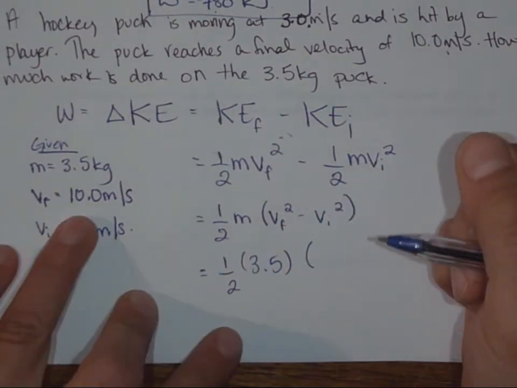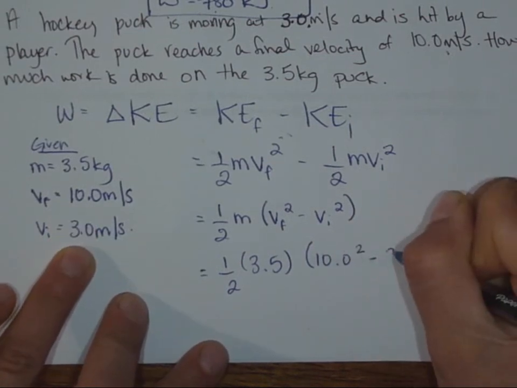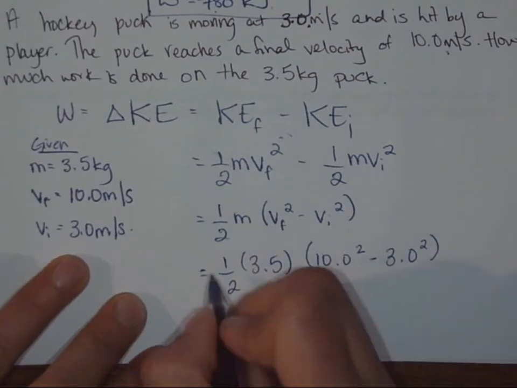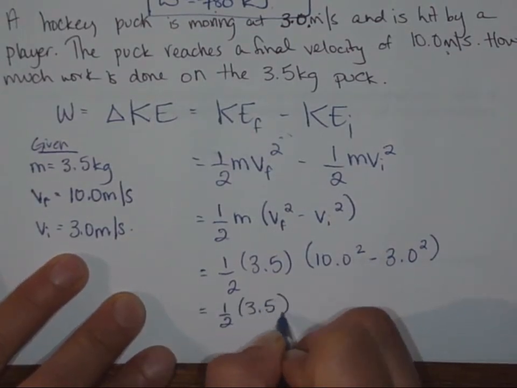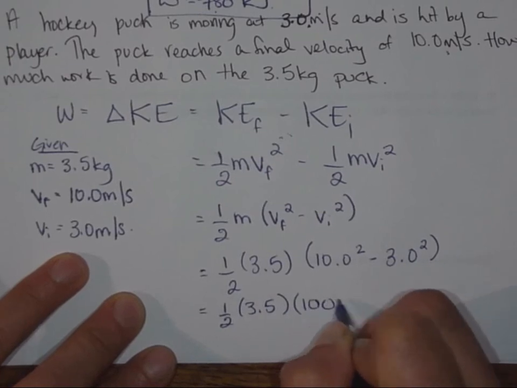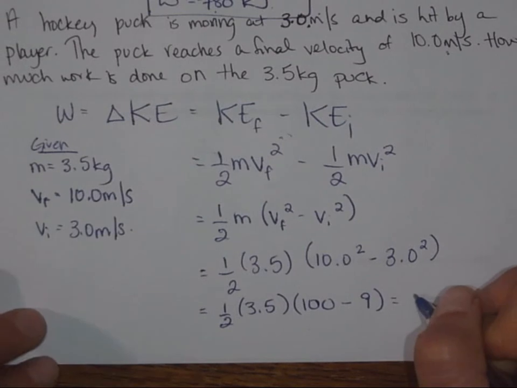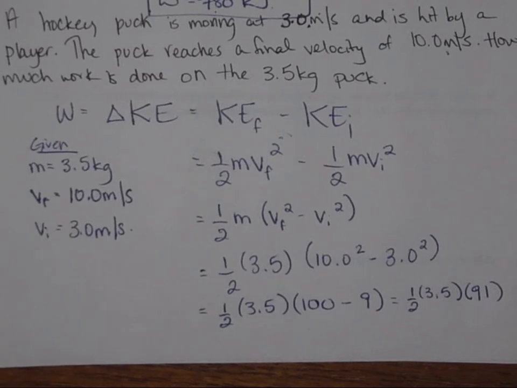My vf is 10.0 squared minus 3.0 squared. So you get half 3.5, and I sometimes like to do some mental math. 100 minus 9, which equals half 3.5 times 91.